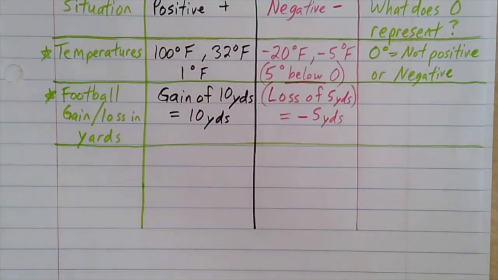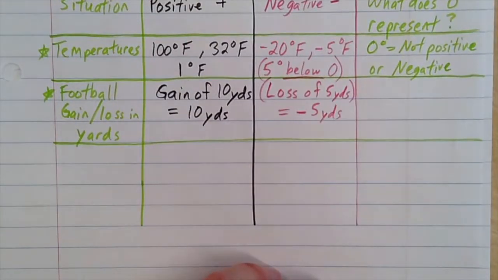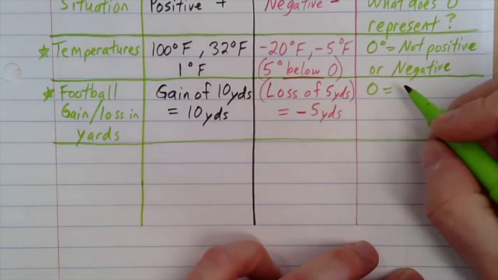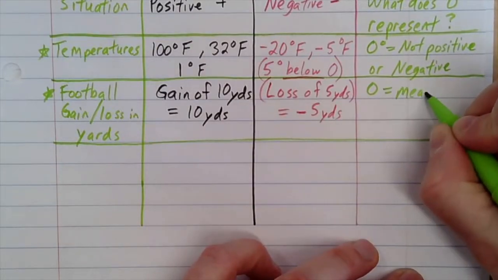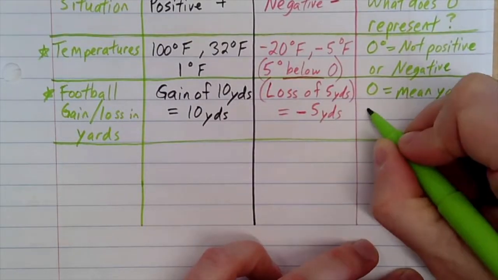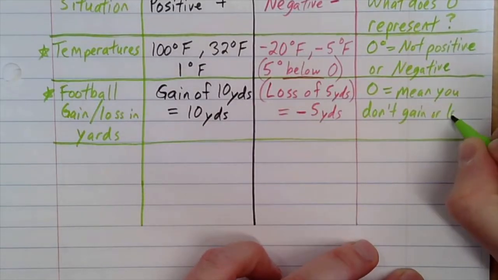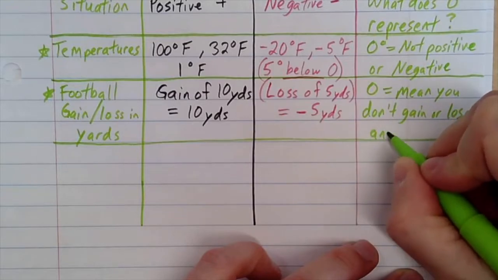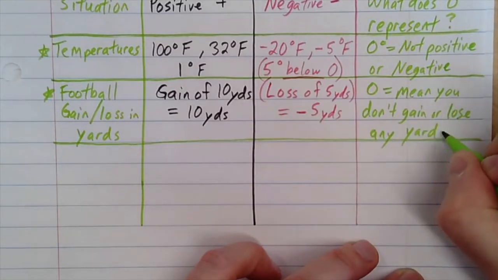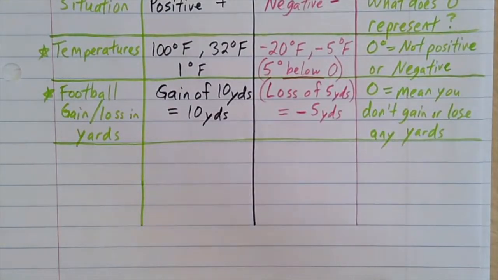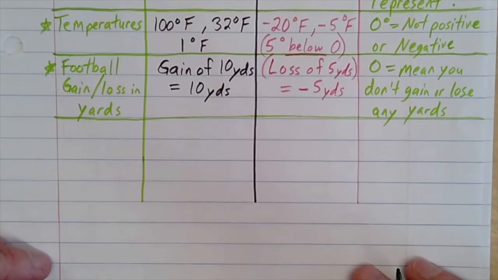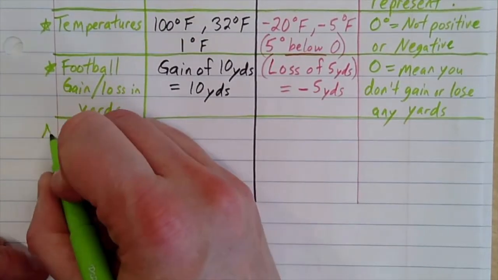So the word loss is the same thing as saying negative 5 yards. What would 0 mean in football? 0 means that you don't gain or lose any yards. So 0 would mean you don't gain or lose any yards. The next situation we're talking about is elevation.